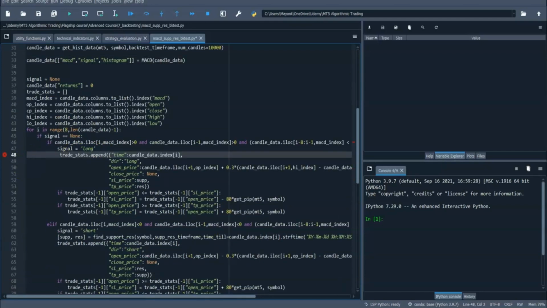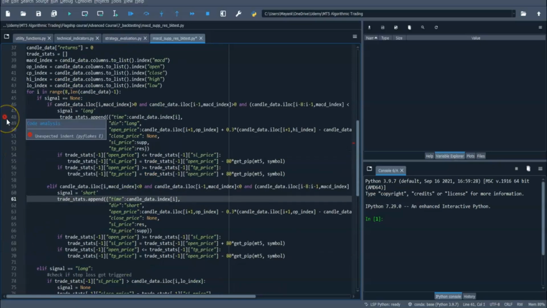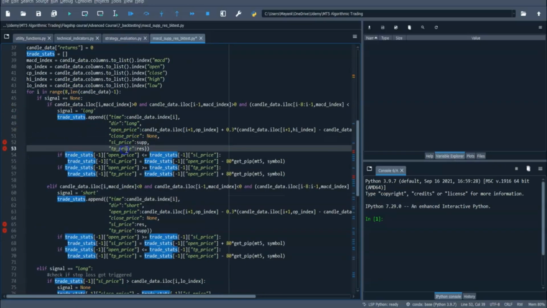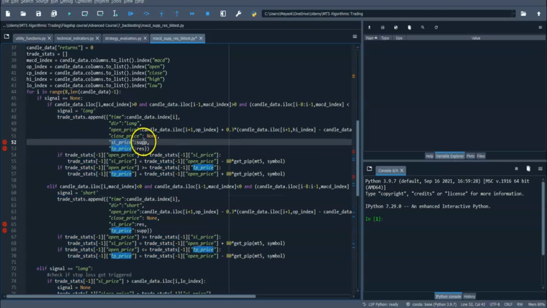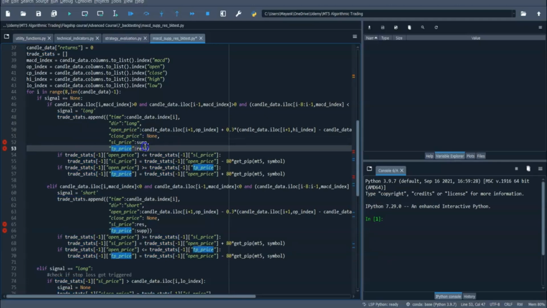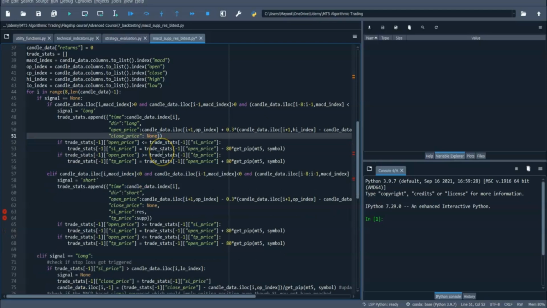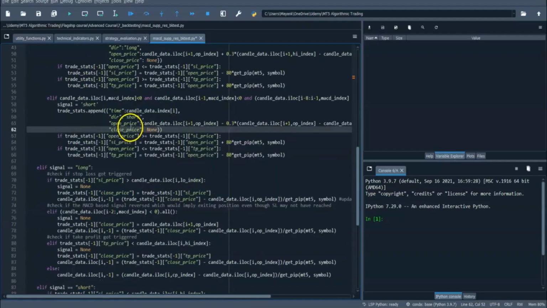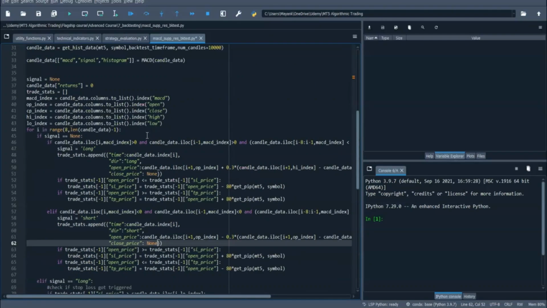Let me do that quickly. Okay, what is this? Unexpected indent. Okay, and stop loss price and TP price. Obviously, we'll get an error because we have just removed support and resistance. So let me move this thing here, and here also, let me move this thing here. We have taken care of removing the support and resistance related bits of this code.